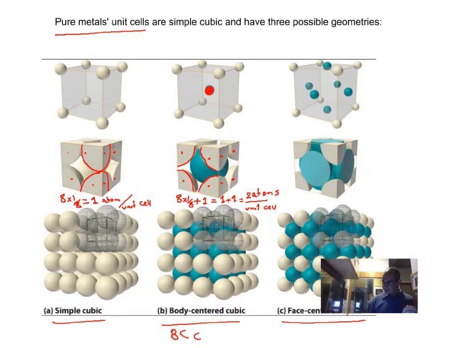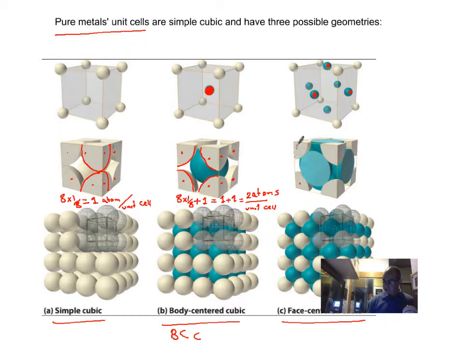Now for the face-centered cube, you also have on each face of this cube an atom, but inside the cell you are really sharing half of that atom. The other half is shared with the neighboring cell. So if you want to calculate how many atoms you have per unit cell, this has the most actually.